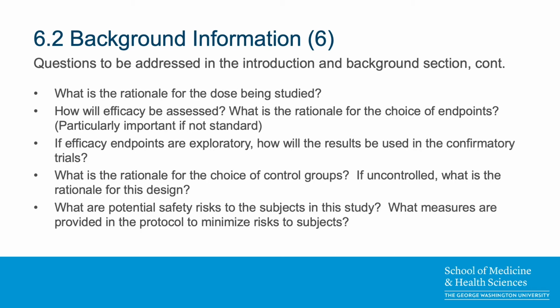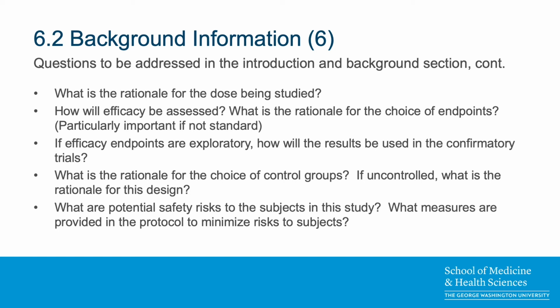What's the rationale for the dose? Often it's not completely clear in a protocol why the dose is being studied. What's the basis for it? What data have been collected that support it? And then how will efficacy be assessed in the protocol? And what's the rationale for the endpoints that have been chosen?